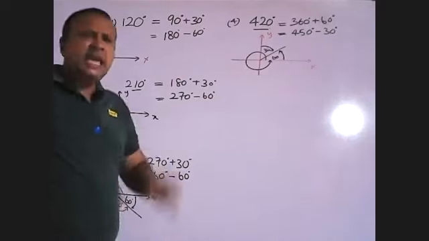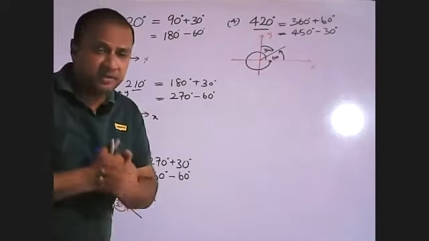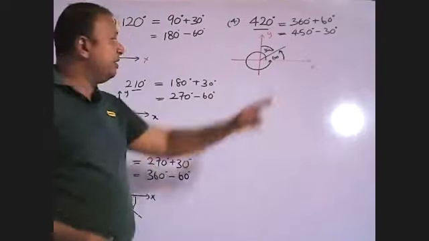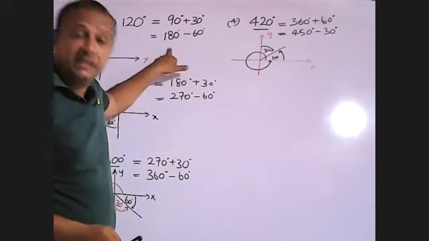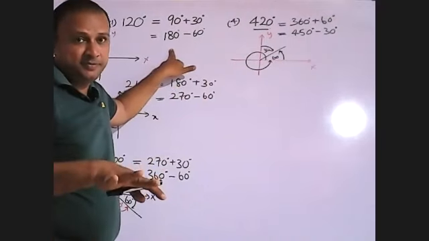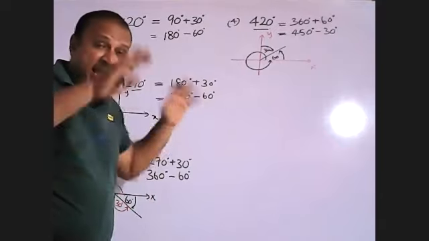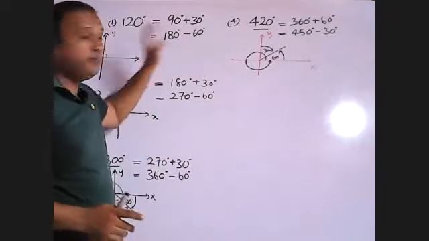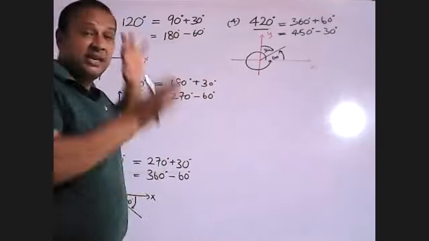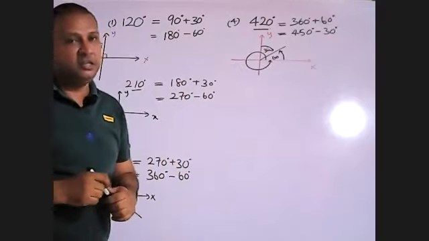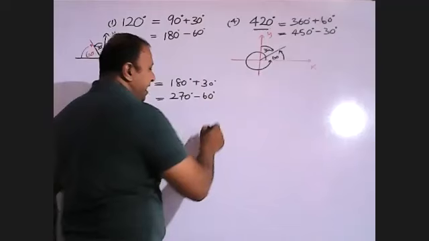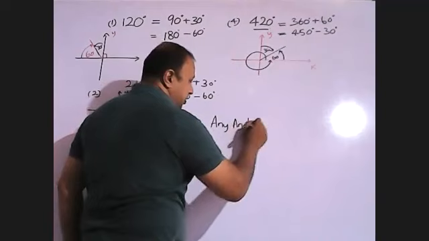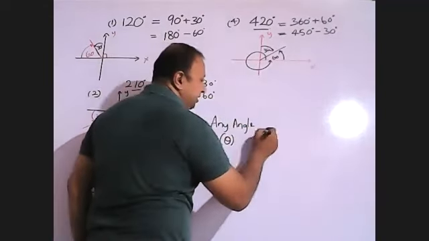Therefore, any angle can be written as an addition or subtraction between an acute angle and integral multiplication of 90 degree. Did you get my point? Therefore, any angle, I can write it as theta.